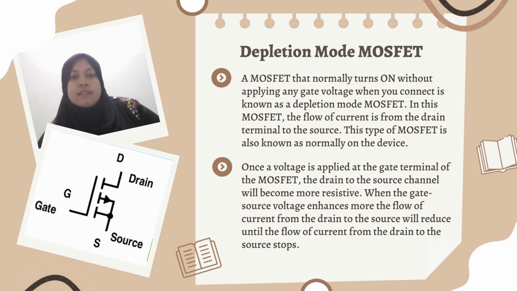Once a voltage is applied at the gate terminal, the drain to source channel will become more resistive. When the gate source voltage increases more, the flow of current from the drain to the source will reduce until the flow of current stops.